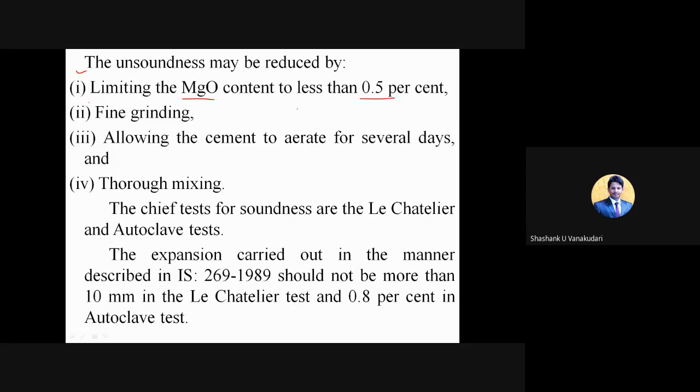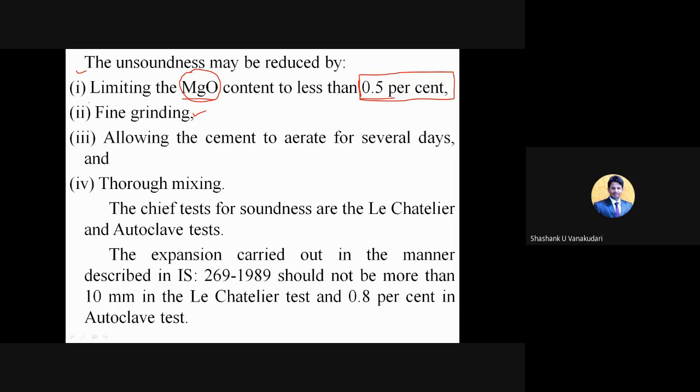Whatever raw materials you use in the manufacture of cement, you need to check the percentage of magnesium oxide. Only 0.5% is permissible. You cannot remove all the magnesium oxide from the raw material, so if it is present, we need to restrict it to 0.5%. Okay, and then we should go for fine grinding.